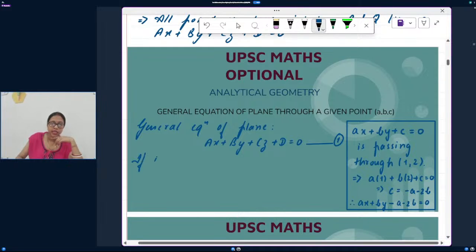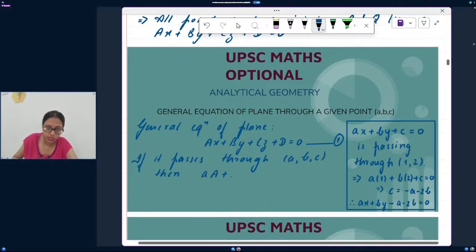If it passes through a comma b comma c, then it will satisfy my equation. That means a times a plus b times b plus c times c plus d is equals to 0. Find out d from here.